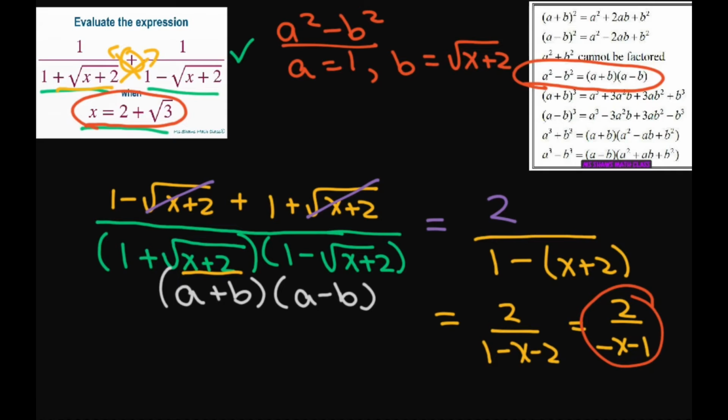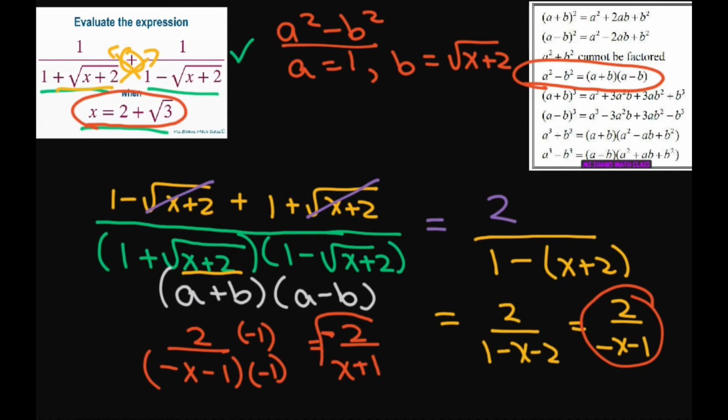If I multiply my numerator and my denominator by negative 1, this is going to give me negative 2 divided by x plus 1. So it's just changing the 2 up there to negative 2.